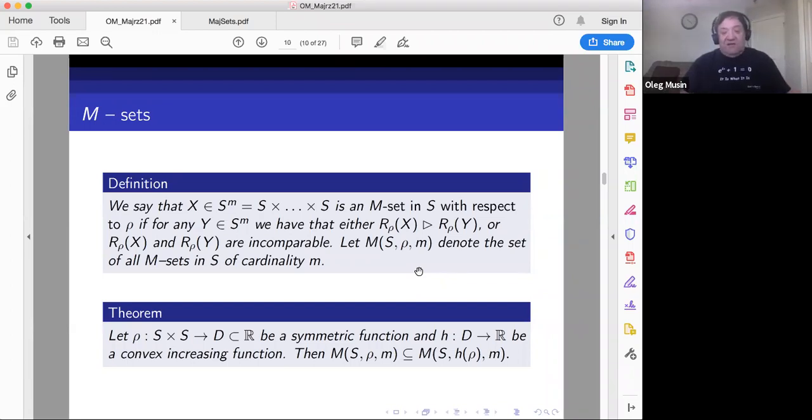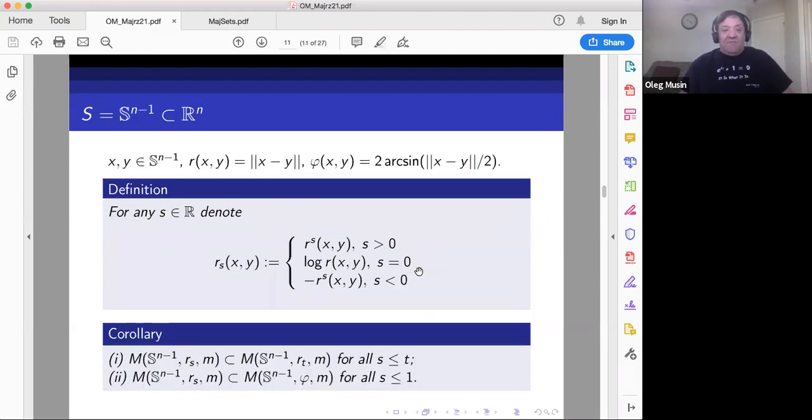We have this inclusion theorem, and let me give an example, our main example, what we are going to work with. Actually, our main object is a sphere, the unit sphere in n-dimensional Euclidean space. Any sphere has two distances.